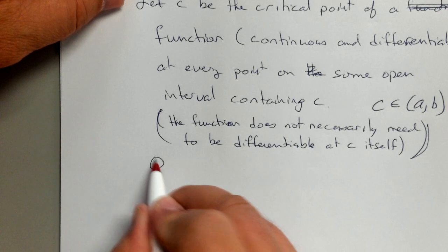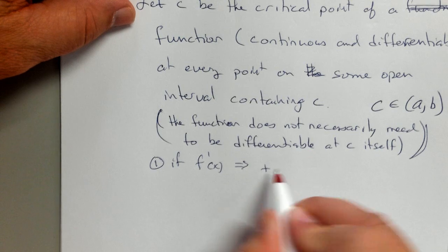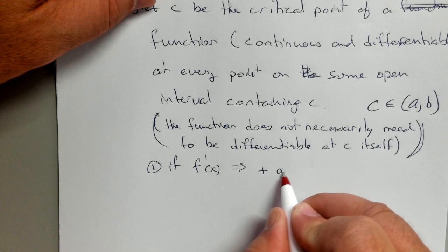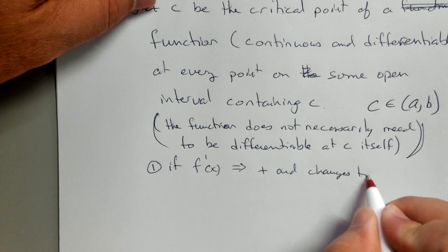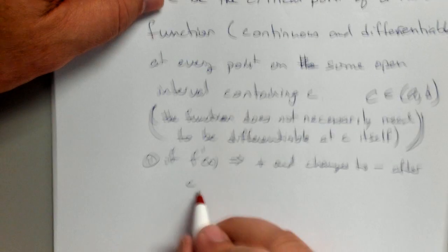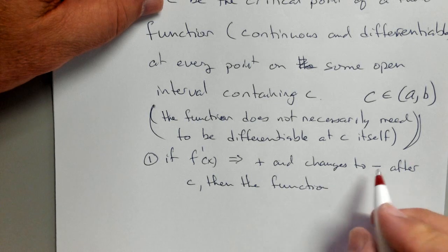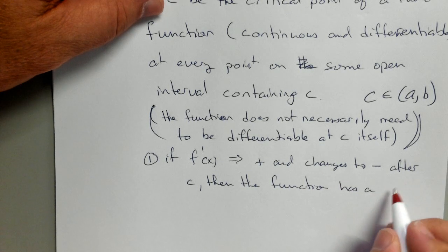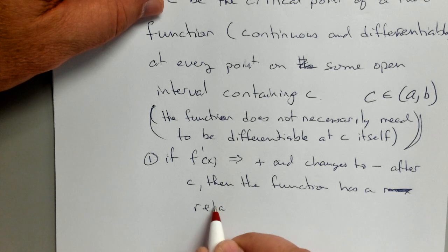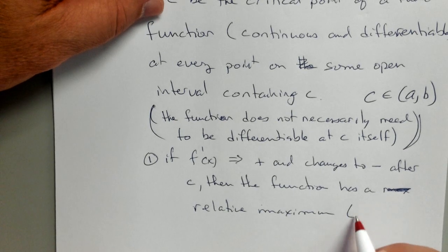So three things can happen. If f prime of x is positive and changes to negative after C, then the function has a relative maximum, which we call local.